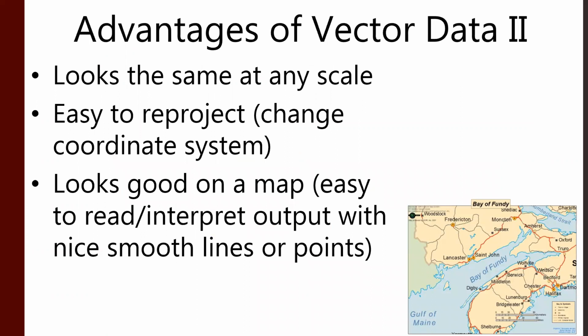And of course, it looks good on a map. Look at that beautiful map of the Bay of Fundy down there. Vector data allows us to make those lines, to make those connections, to display things like that. If you're a graphic design person, scalable vector graphics, SVG, there's vectors everywhere.